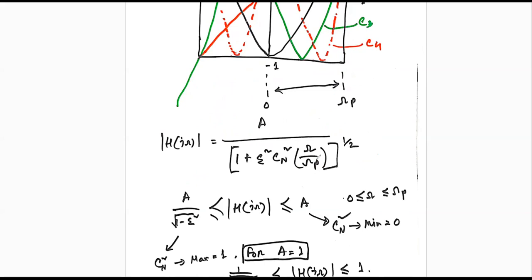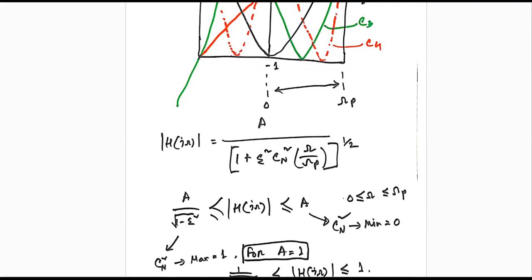A. How you got that? Cn equal to 0, so this part will cancel, and 1 over root 1 is 1. So this is 0. So that's why the gain is A. You will have the gain equal to A.